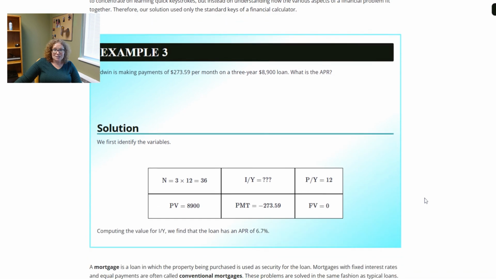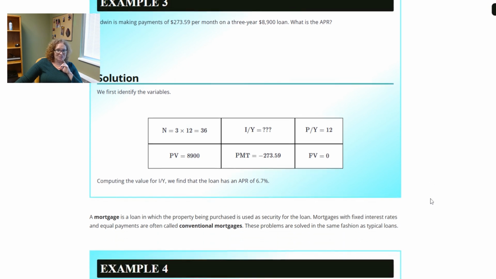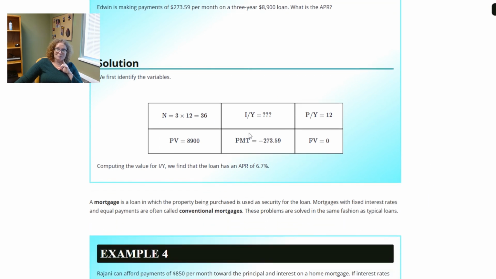Edwin is making payments of $273.59 per month on a 3-year $8,900 loan. In this one, we want to find the APR. So that's the one that we're missing, and we plug that into the same formula we used before in the previous chapter, and we will find out the answer.